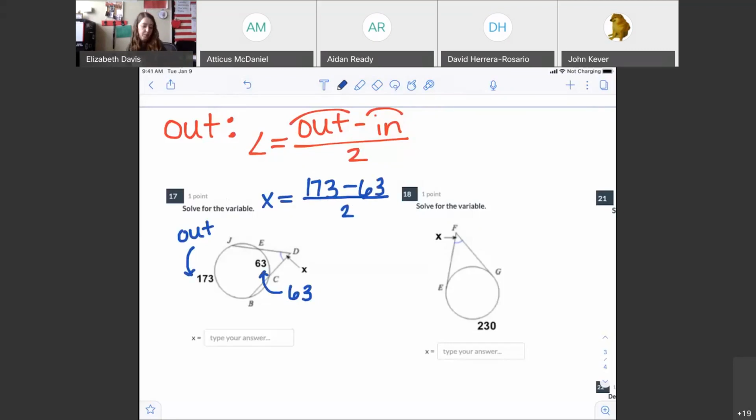So when you put 173 minus 63 divided by 2 in your calculator, what did we end up with? Yeah, 55. I got the same thing. So 173 minus 63 is 110, divided by 2 is 55.